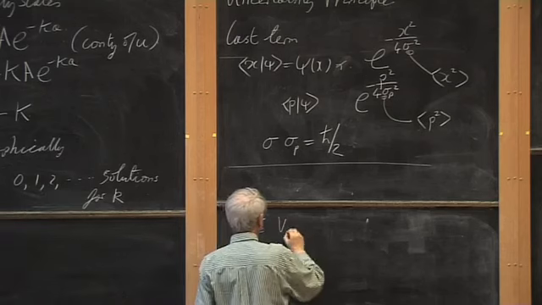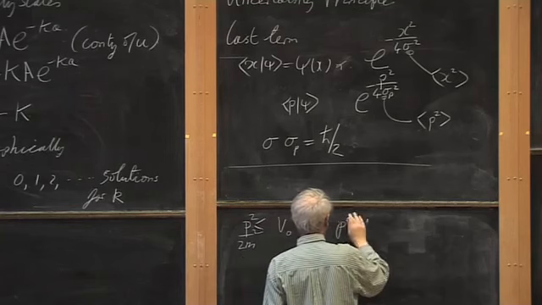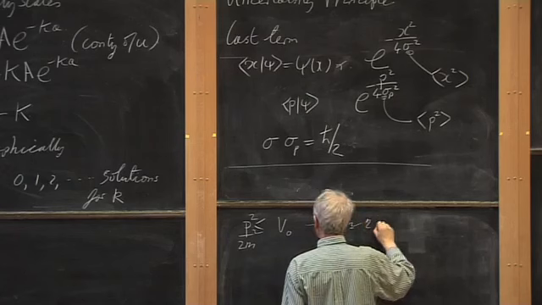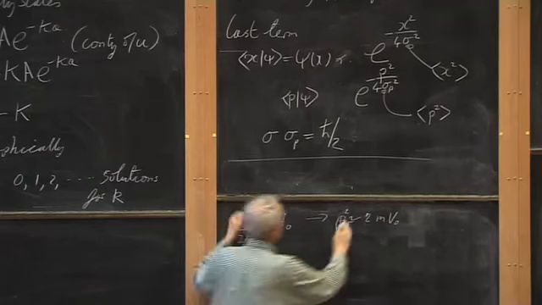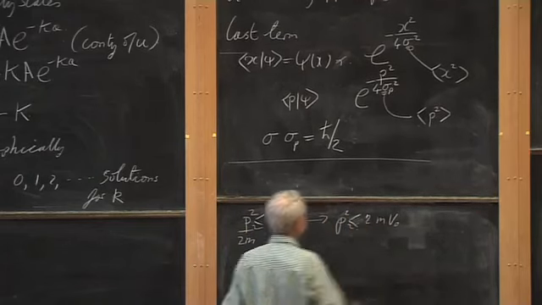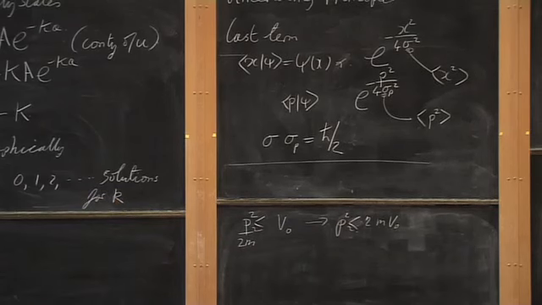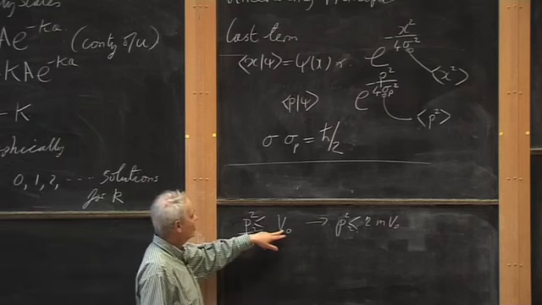So it's less than V0. So what we can say is that p squared is less than 2m V0. Sorry, that's meant to be a less than. Seems reasonable, doesn't it? The particle can't have any more kinetic energy than the energy it requires to escape, because we know it's bound.